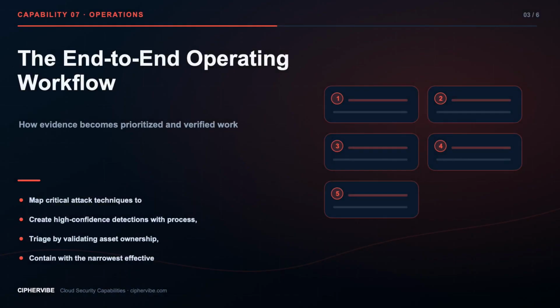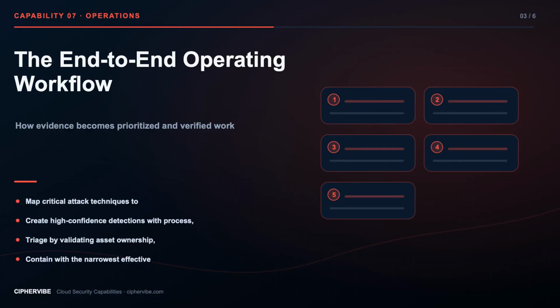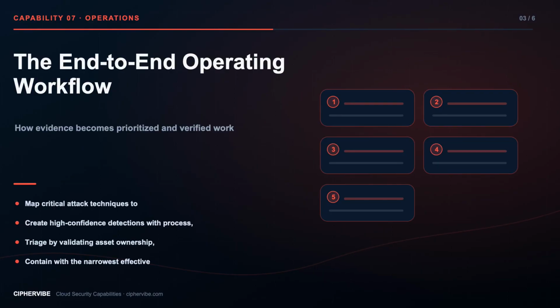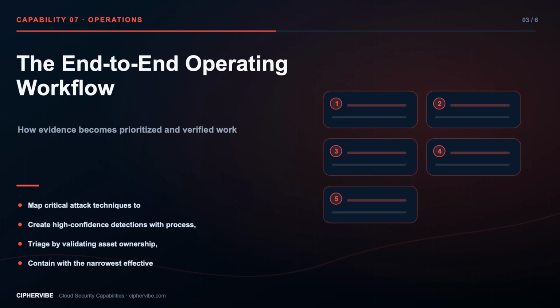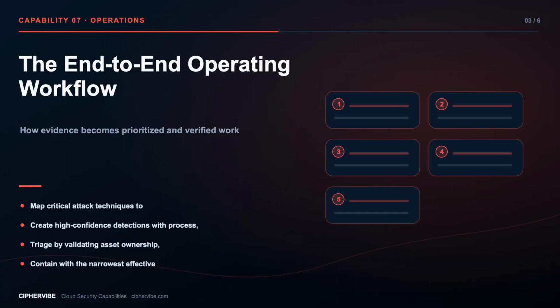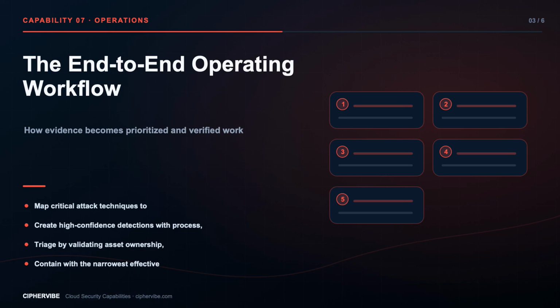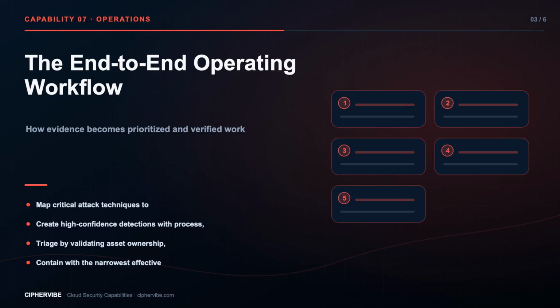A useful operating model for runtime, detection, and response follows a repeatable evidence lifecycle. First, map critical attack techniques to available telemetry and identify visibility gaps by workload type and environment. Second, create high-confidence detections with process, identity, network, vulnerability, and business context attached.